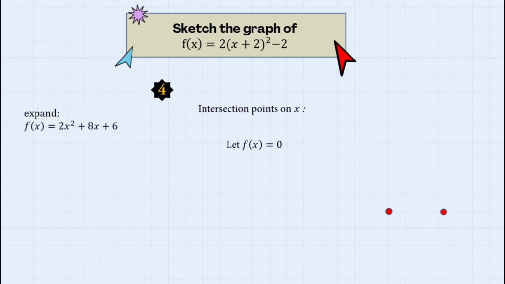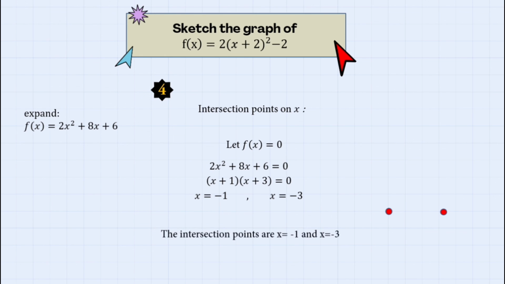By using that general form, we equate the function to 0. When we factorize, we get x equals -1 and x equals -3. So these 2 points, -1 and -3, will be the intersection points on the x-axis.